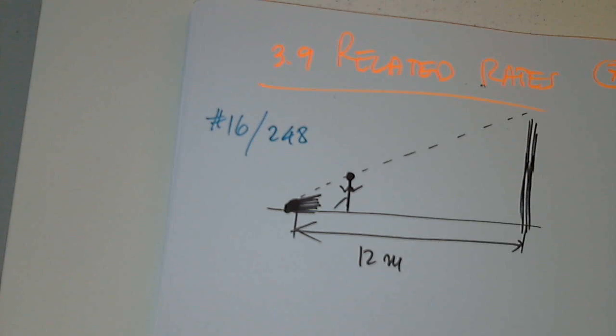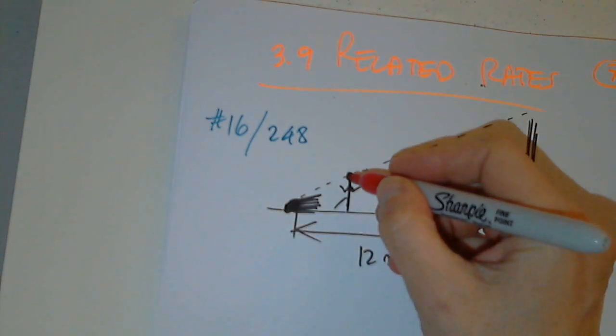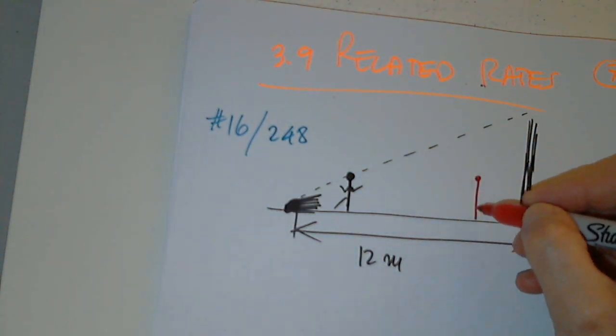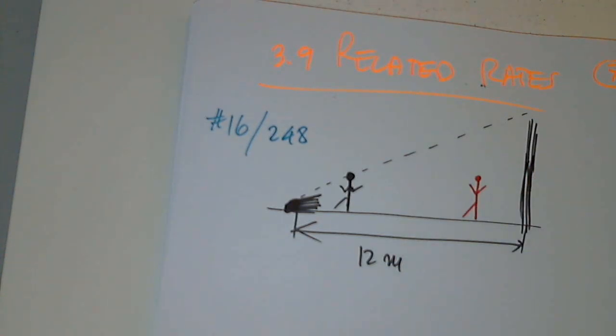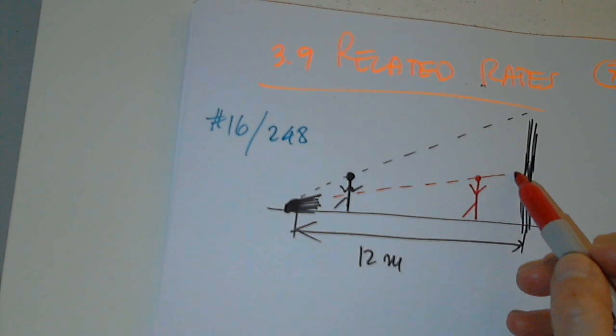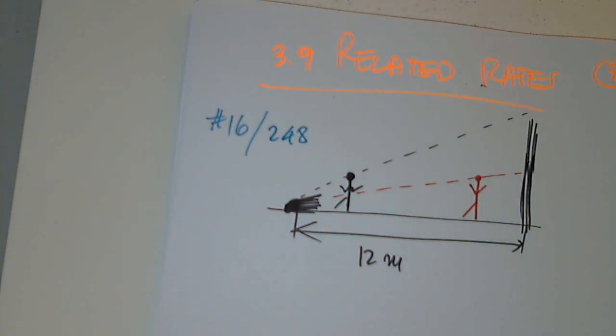See his shadow on the building, on the wall? Here is what happens when the person, the same height, is much closer to the wall than initially, right? So the person is walking in this direction towards the wall.